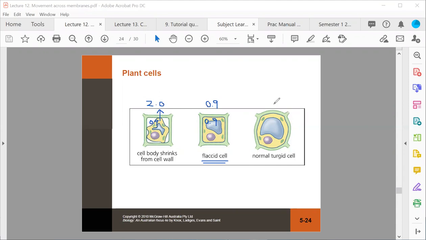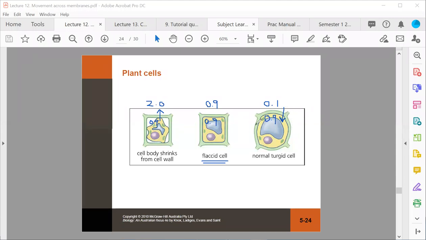And now if we go over here to the right and we place the plant cell in a hypoosmotic solution, in which direction does water move now? From the solution into the cell. So what happens, we can see the cell is starting to swell. Plasma membrane sits firm against the external cell wall. The cell wall also starts to swell and move outwards, but it eventually stops.